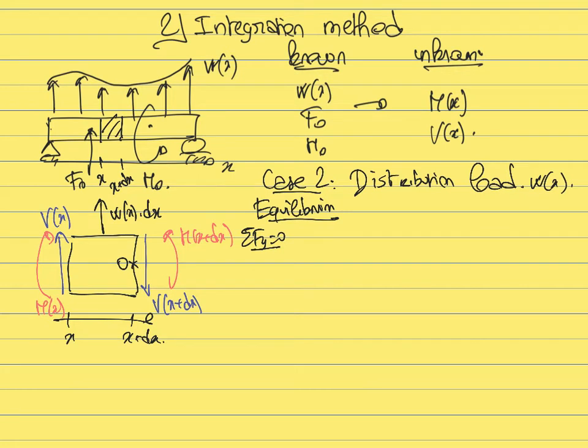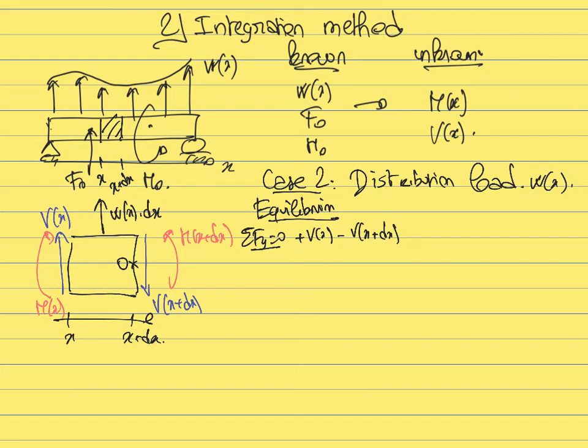We have the internal shear at x going up, so a positive projection. Then we have the internal shear at x plus dx, going down, so the projection is negative. Remember that we define the internal shear as going up on the left and going down on the right. That's the positive sign convention for the internal shear.